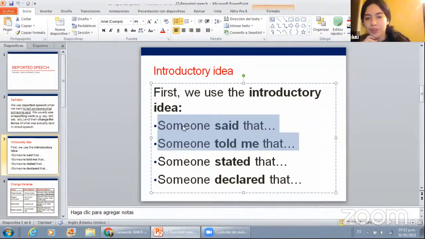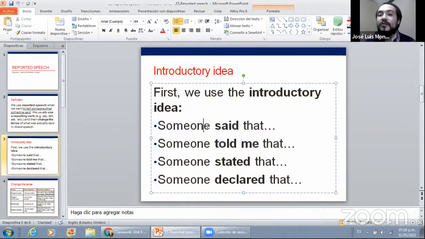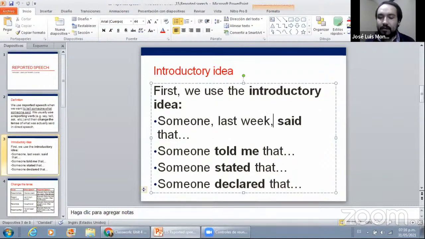And teacher, one more question. Yes, tell me. When we do this reported speech, we can use the time before the subject, or we can say like, the president at 5 p.m. declared. You can, but if you're going to do that, Luciana, you need commas. You can say, for example, someone last week said that, because it's like a clarification.